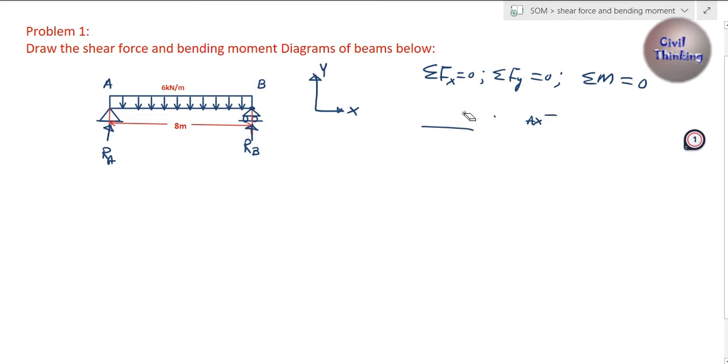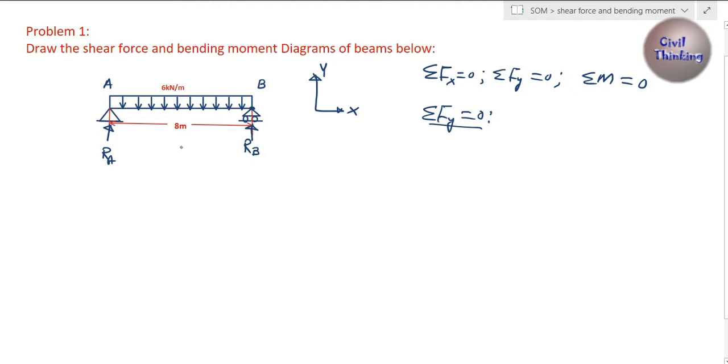Now let's apply summation of Fy equal to 0. The y-axis is in the perpendicular direction of this beam, and parallel to the y-axis you can see RB, so the reaction at B will be included in this summation Fy, right?